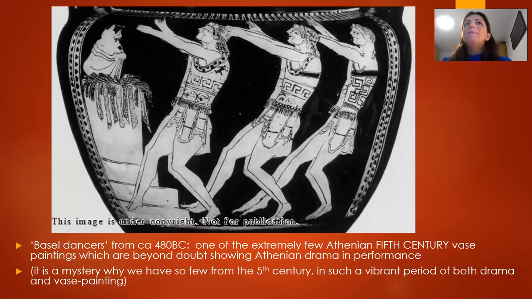Now, this vase has been connected to Aeschylus's Persians, but there are a lot of things which do not fit. The costume is clearly non-foreign, whereas the chorus of Persians in Aeschylus's Persians are elder Persian men. Nevertheless, this scene evokes very closely the scene of the necromancy, or the calling upon the dead King Darius on stage, who at some point in the play actually does appear as an eidolon, as a ghost, as a dream as well, in front of the chorus and the queen.